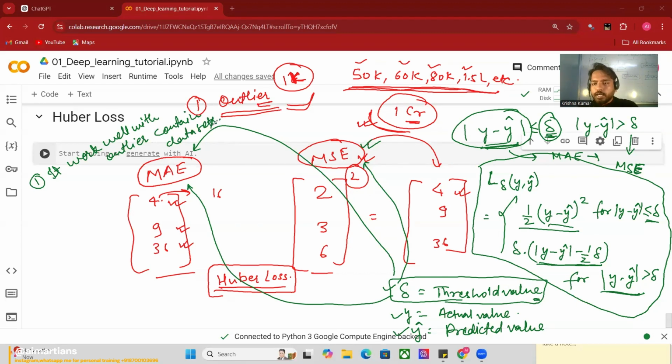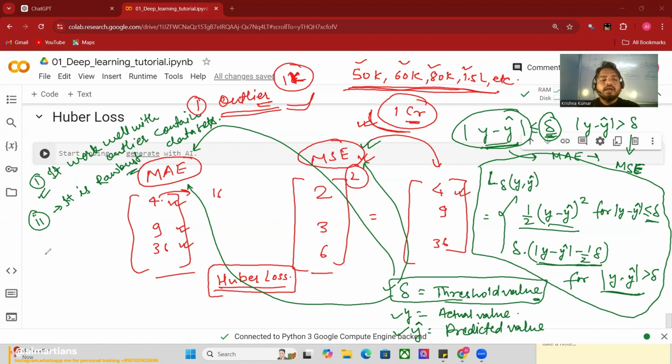If you are training a model, let's say, and in your data set there are a lot of outliers, because you didn't pre-process the data, let's say, in that case you can use Huber loss while training a model. Second, it is robust. Robust means it will not crash.